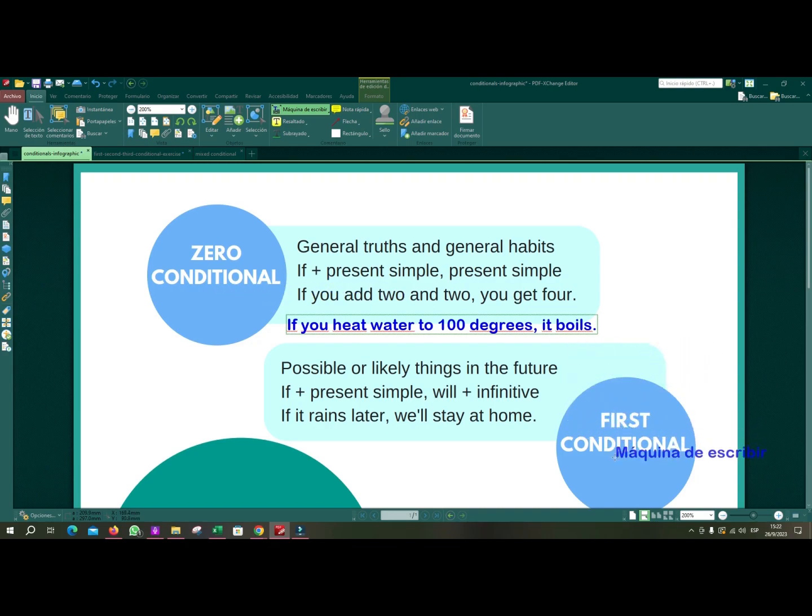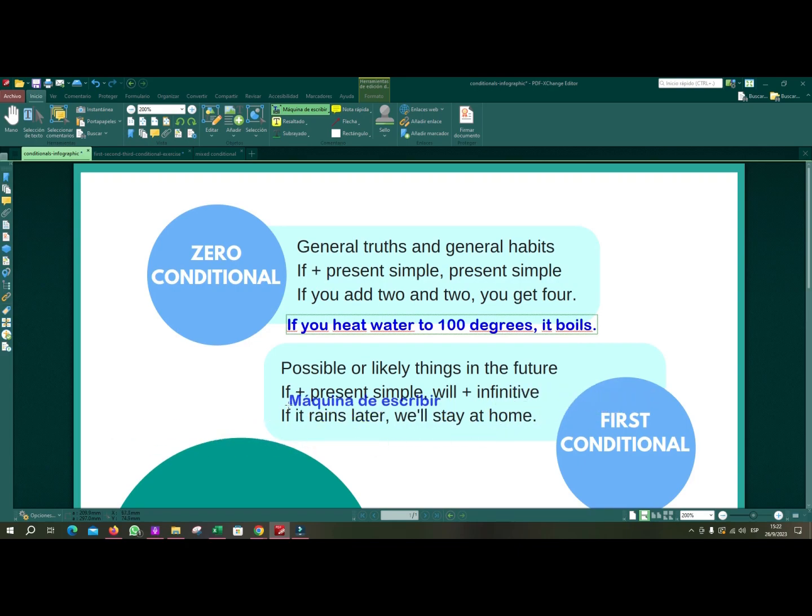What about the first conditional? It says possible or likely things in the future. So here we're going to have the if word plus present simple or simple present, comma, will, that is like future, right? And also we're going to have the infinitive form of the main verb in that case.